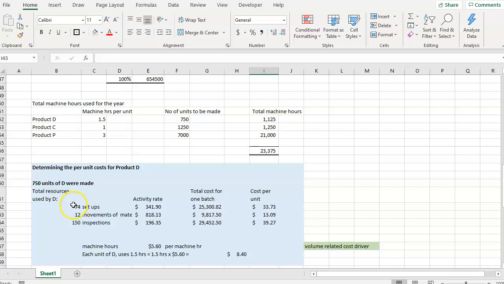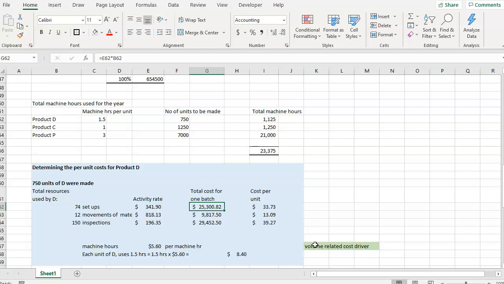So for every setup that D used, it cost Cartright $341.90. But when we multiply that out for the whole year, the setup cost directly relating to product D was $25,300.82. But we're not interested in a figure for the 750 units.